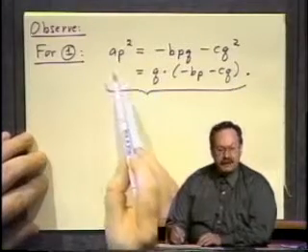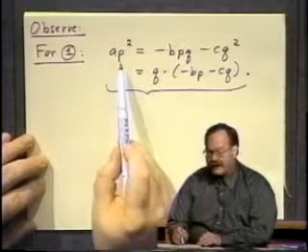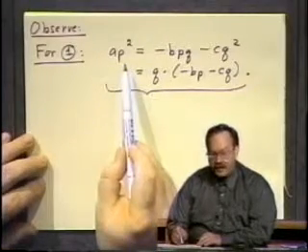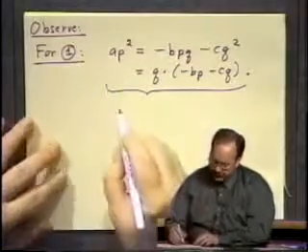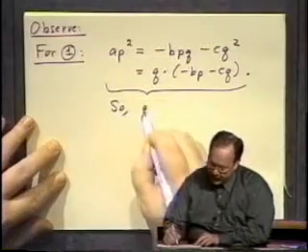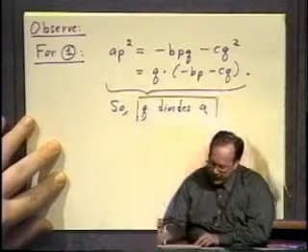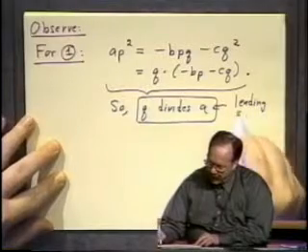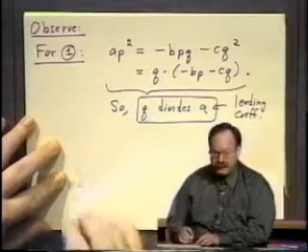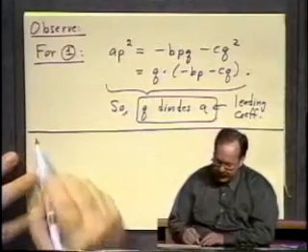Therefore, it must divide the left-hand side because the left and the right are equal. Now, q cannot divide into p because p and q have no factors in common. Therefore, q must divide a. And remember what a was: the leading coefficient of our polynomial of degree 2 here. So we've learned that q divides a.